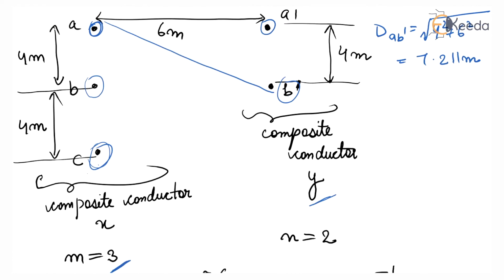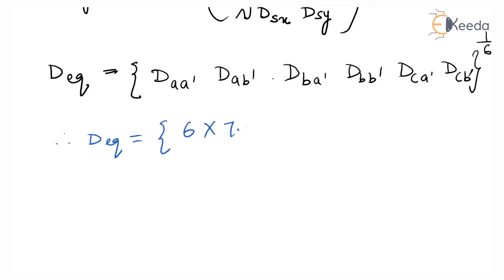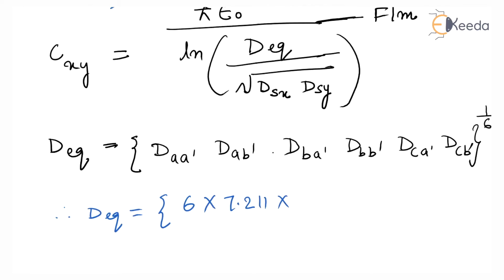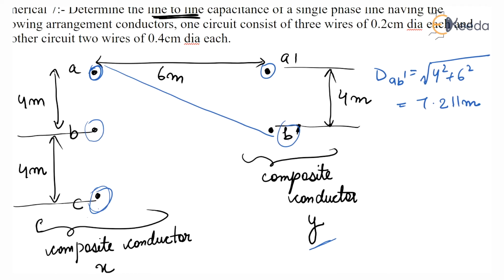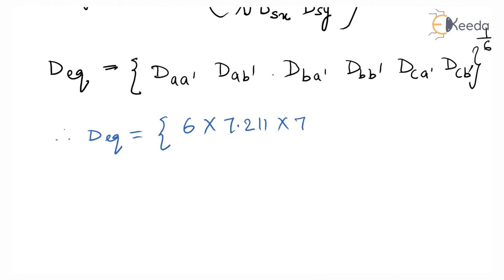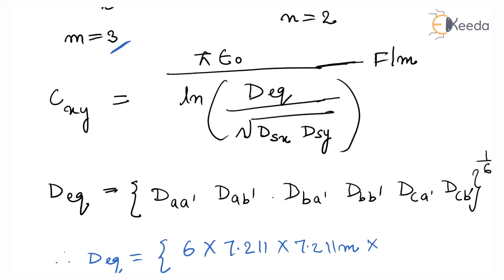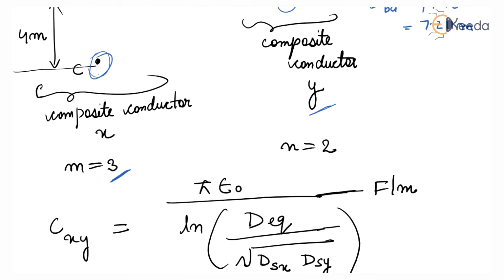Into B to A dash, which is also the square root of 4 square plus 6 square, so this is 7.211 meter, into the distance B to B dash, which is 6 only.